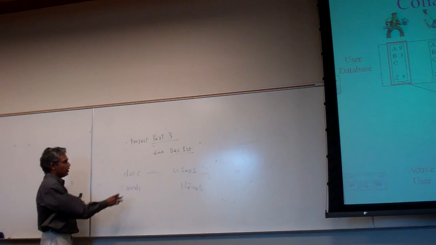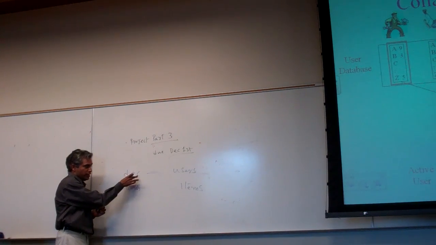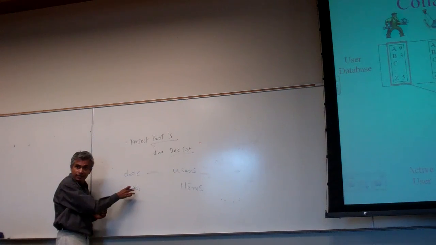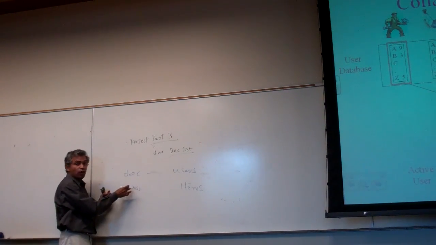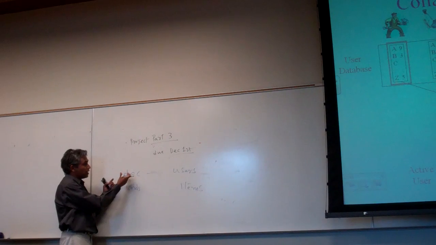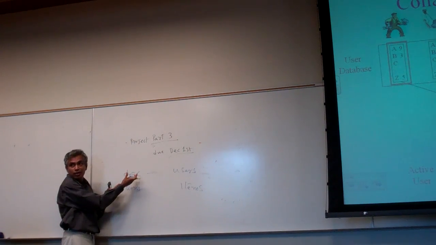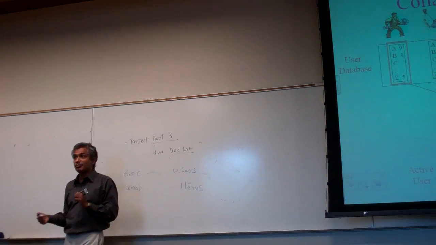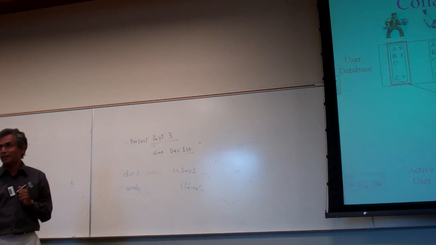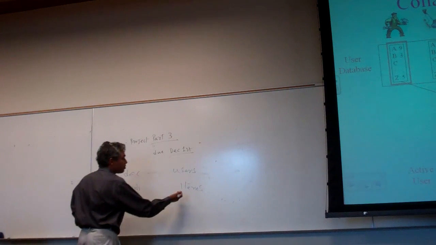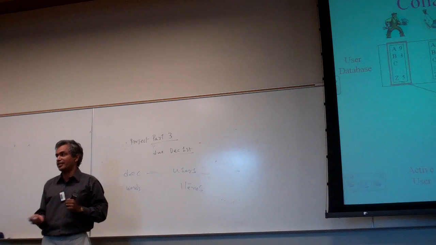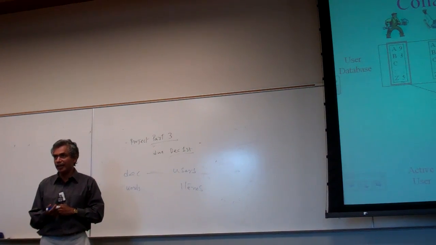So you can do associate doc similarity matrix, word similarity matrix, and then from that you can compute which words are more similar to other words. You can also compute which documents are more similar to other documents. This is all stuff we have done. So you can do that here too, which users are more similar to other users in terms of their buying patterns, which items are more similar to other items in the sense that people who buy these items are also buying these other items. Okay.